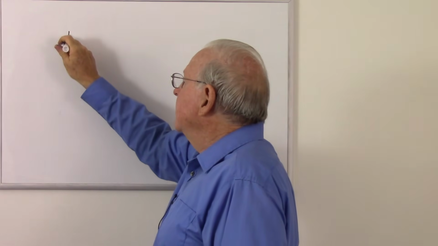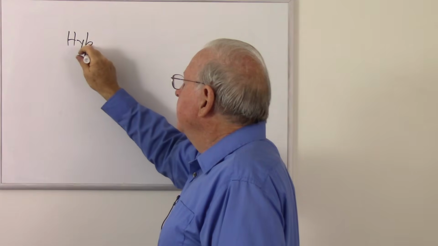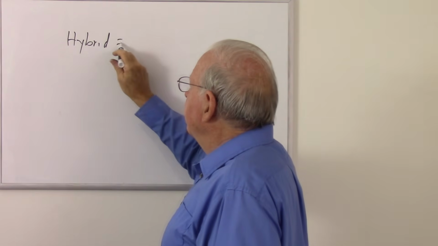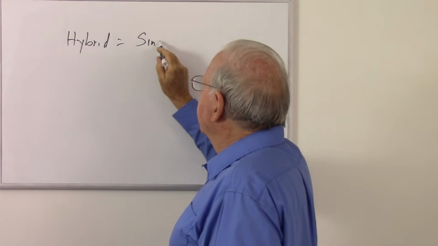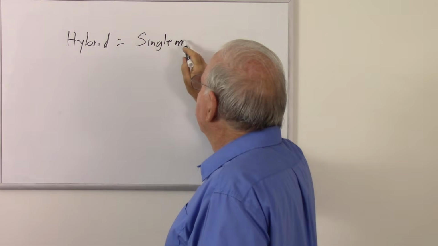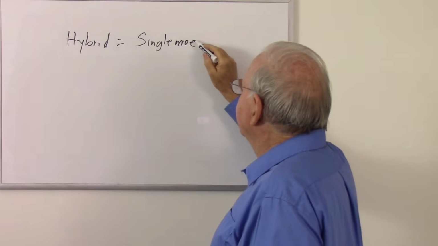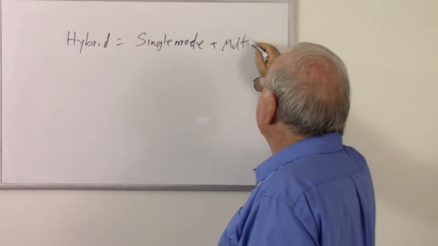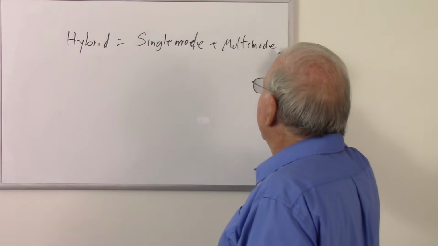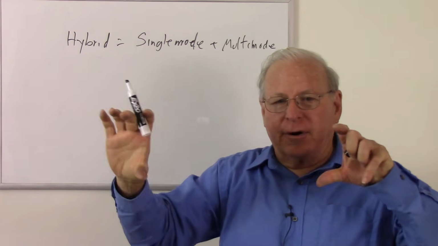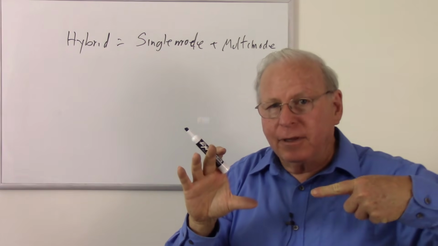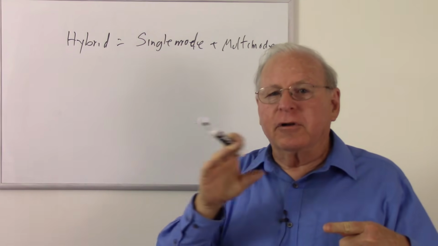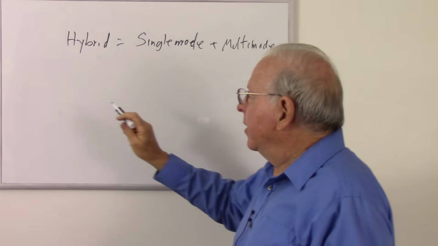Hybrid cable simply means a combination of single mode plus multi-mode cables in one pack. So you have multiple fiber cables in one cable. If some of those are single mode and some of those are multi-mode, that is hybrid.